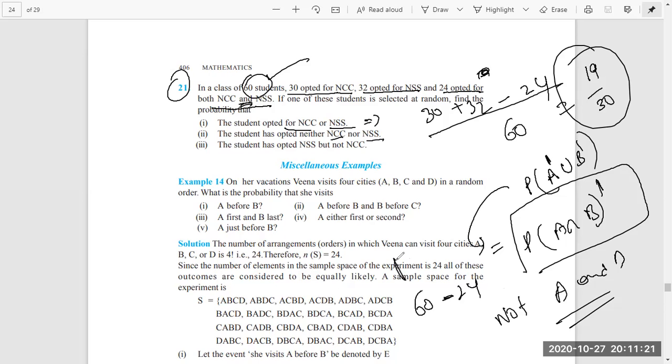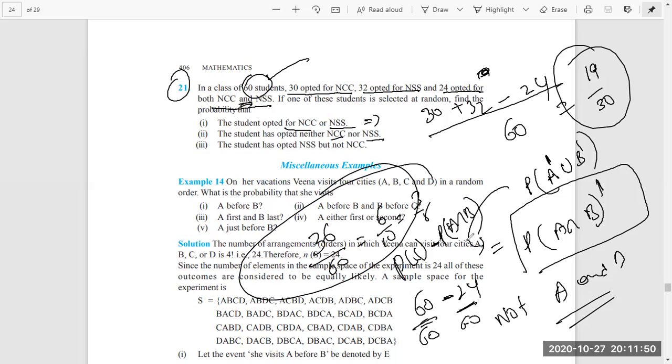Probability of sample space minus probability of A intersection B. The sample space is 60 by 60, which is 1, minus 24 by 60. So 60 minus 24 is 36, divided by 60. That is 6 by 10, which is 3 by 5. Did you understand that?